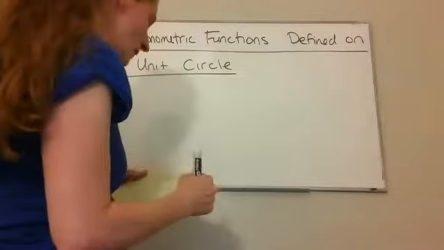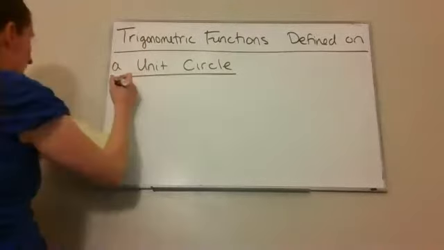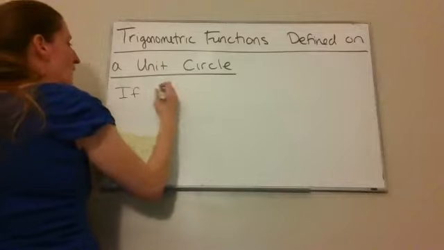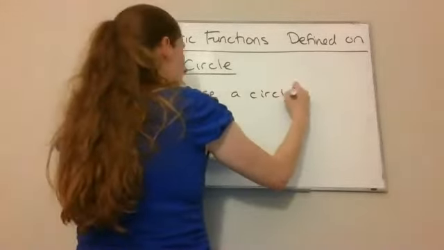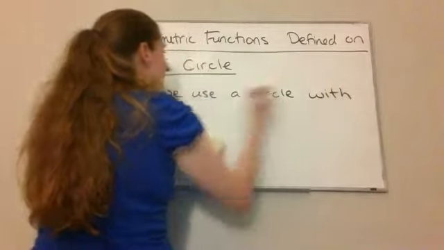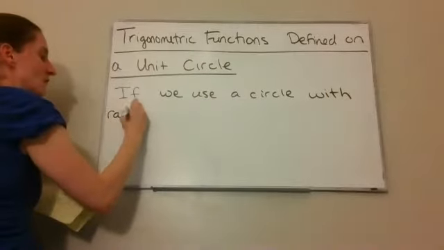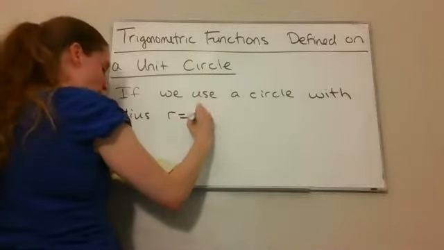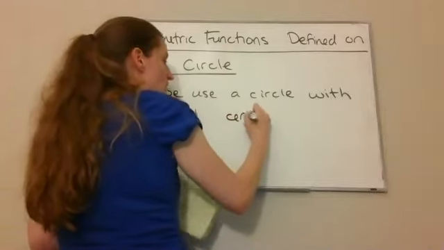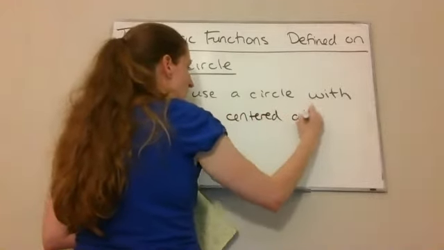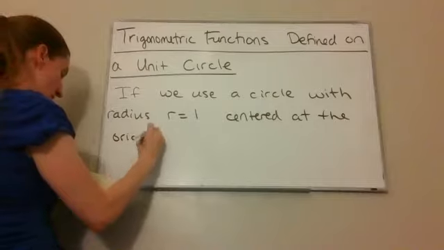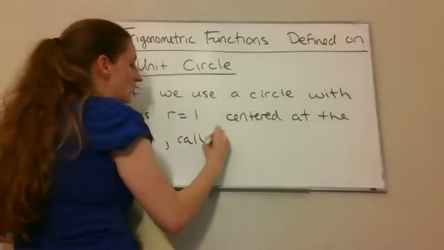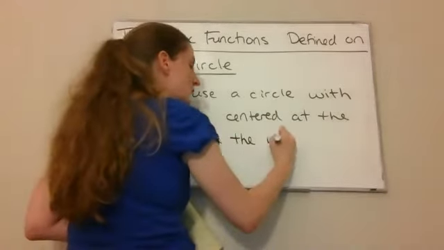So let's first talk about what we mean by a unit circle. If we use a circle with radius r equals 1, centered at the origin, this is called the unit circle.